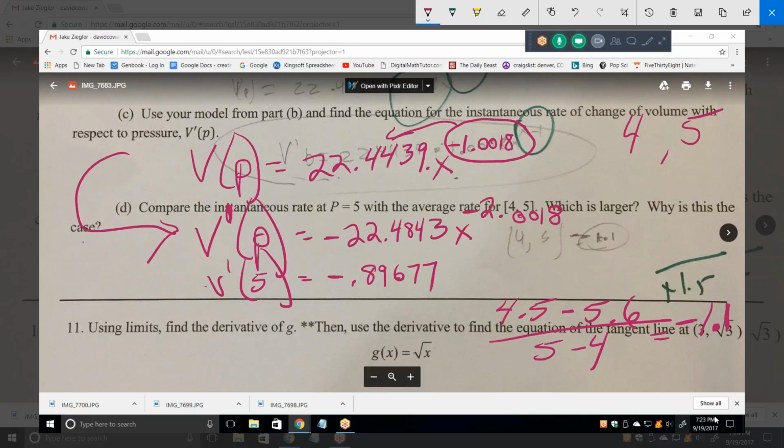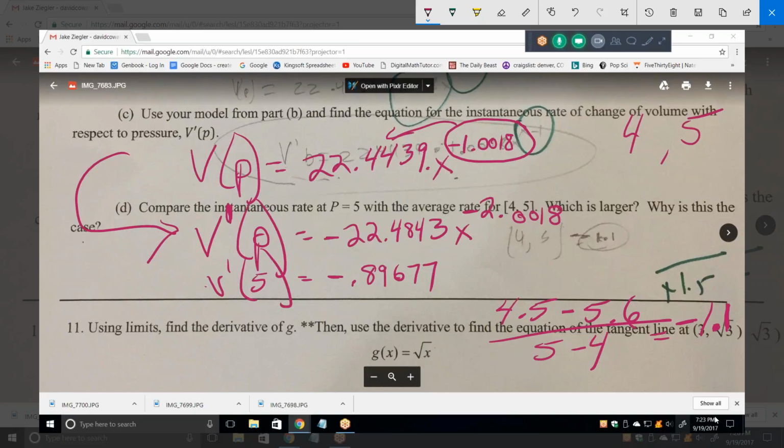So, which is larger? Sorry it took so long, the average. You see how I got the average? I took V of 5 minus V of 4, and I divided it by 5 minus 4.